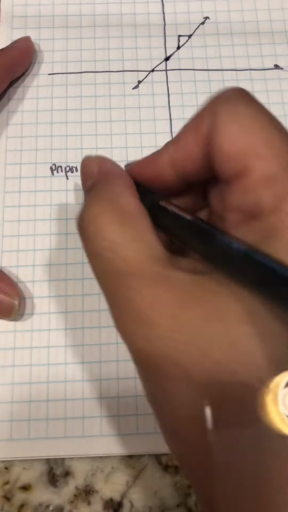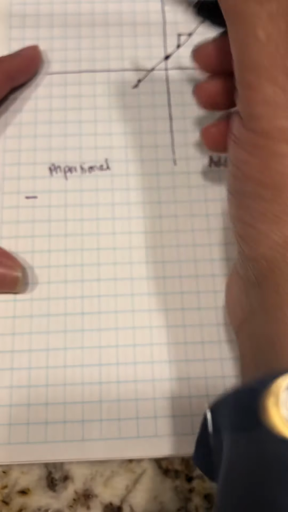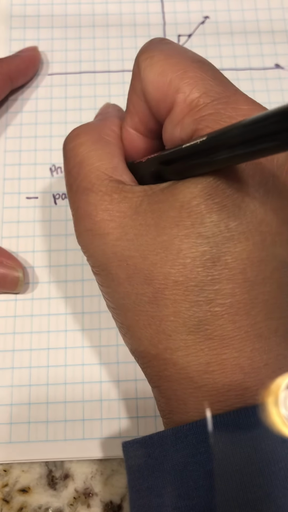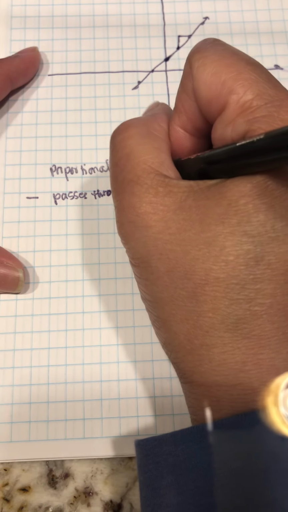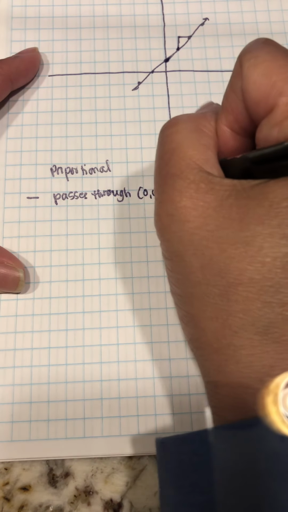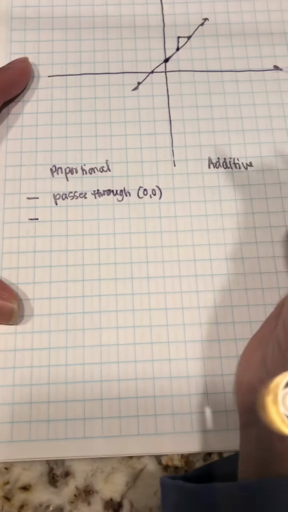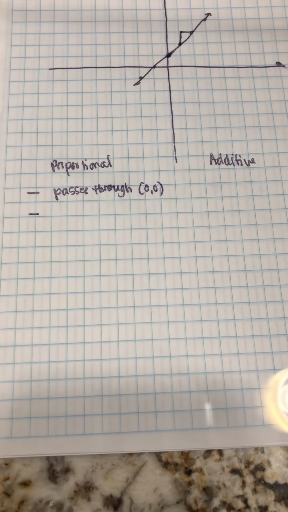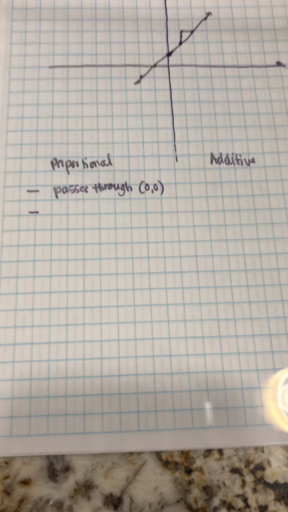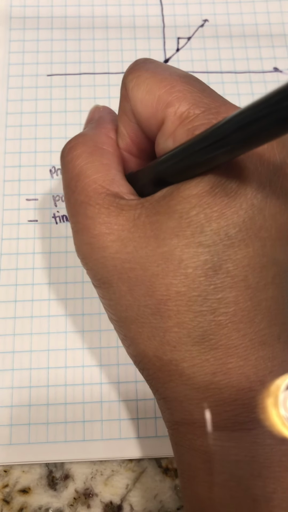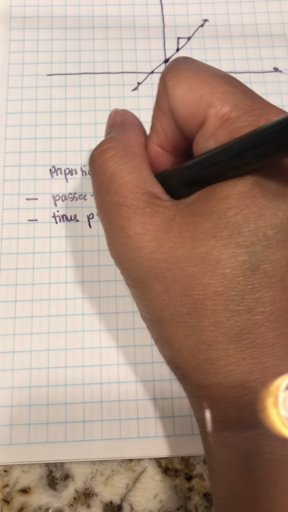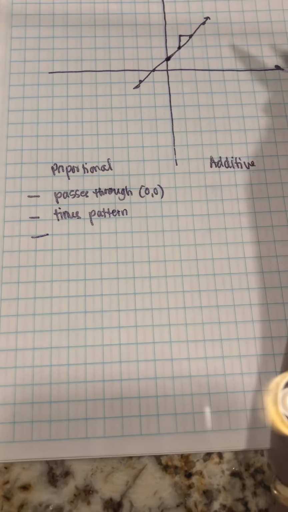It's proportional when it passes through 0, 0, or the origin. We also noticed that it's a times pattern. So a times pattern. And then what else did we notice?